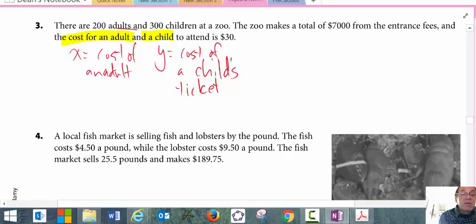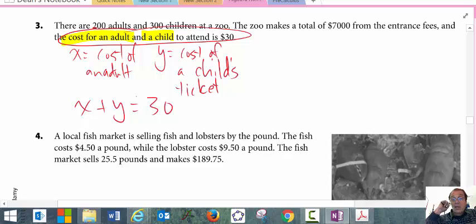We know from this statement right here that the cost of an adult's ticket plus the cost of a child's ticket is $30. Now that's not really a count, but it is a count of the cost. That's why I don't really like this question, and there's one like it in the other section, but it's not that difficult now that I've shown you that.